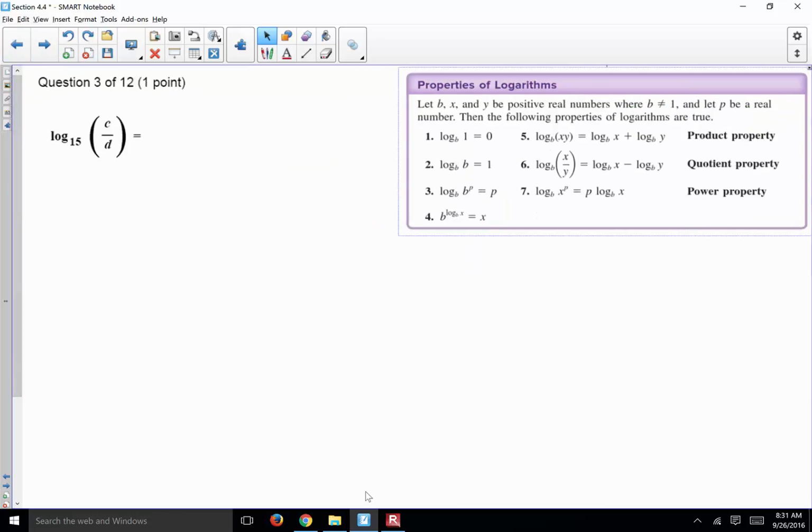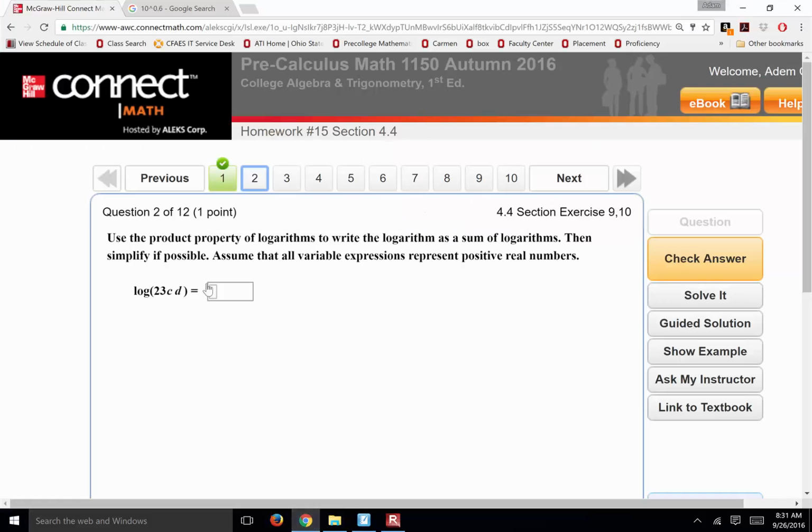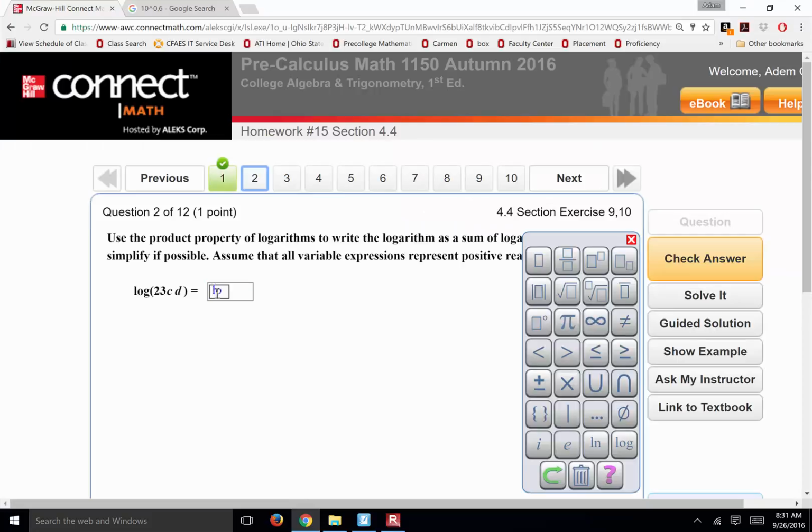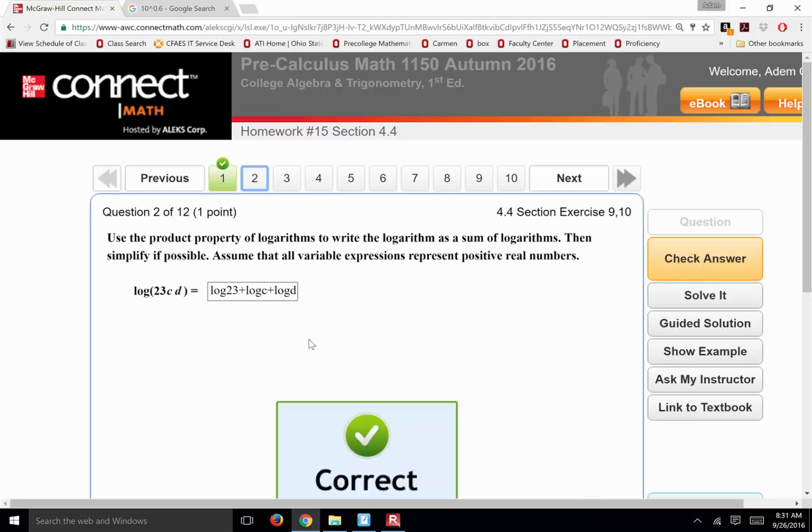You're doing this. 15, base 15, C over D. I think there's a mistake I'm making now. No, it understands it. Usually I leave a space between log and C, but even if you connect them, it still likes it. Good.